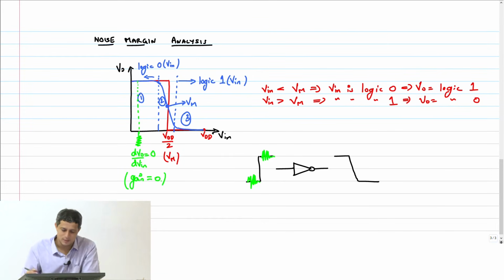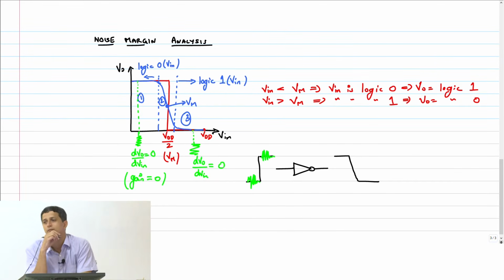Right? Similarly, in region 3, I can do the same analysis. I have a noise perturbation. Very clearly, here also dVout by dVin is 0. Again the gain is 0, okay.